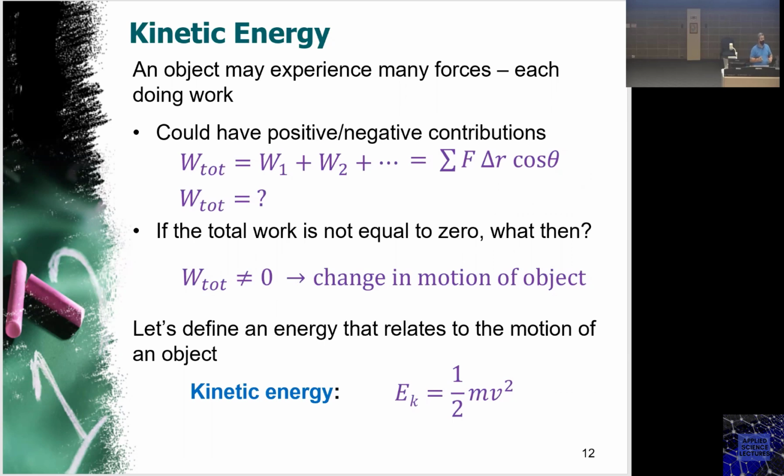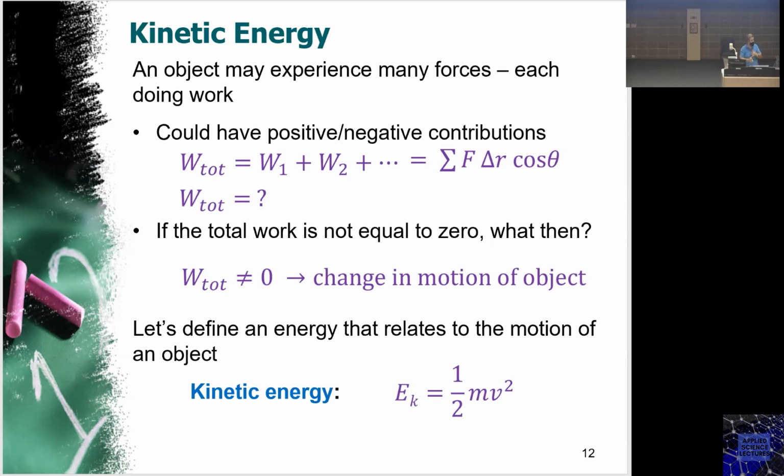If you know that the kinetic energy is given by half mv squared, and you know that this force that resulted in an acceleration changed the velocity, this means that this force that you have applied resulted into a change in the kinetic energy, right? Because the kinetic energy is a function of the mass and the speed.